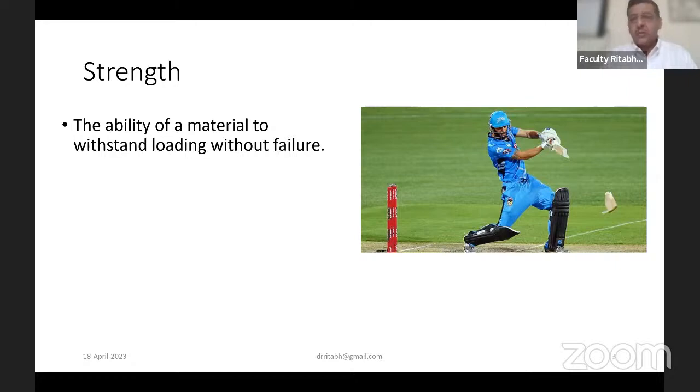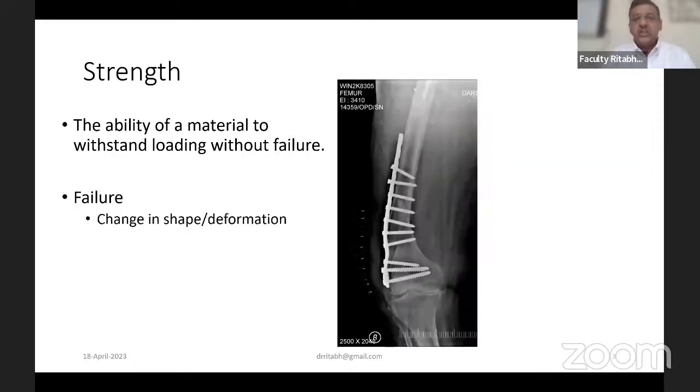That is what happens in orthopedics too. Sometimes things happen. So, the ability of a material to withstand loading repetitively without failure. What is failure in terms of orthopedics? Failure means a change in the shape of the device. It could be a plate, it could be a nail.